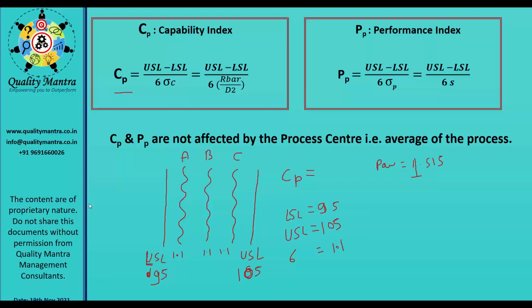Other people also please calculate. The sigma value, you can see sigma C is 1.1. The formula is USL minus LSL upon 6 into standard deviation. Just calculate.